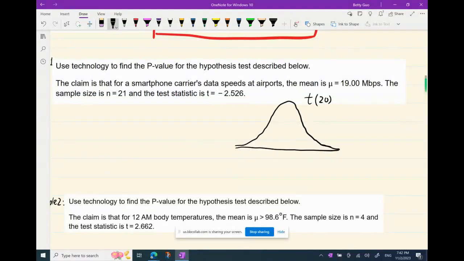All right, so let's look at the original claim. Always start from the original claim. The original claim is the mean is 19. Let's ignore the unit. So our original claim here is mu equals 19. Can we construct H sub 0 and H sub 1 based on the original claim?